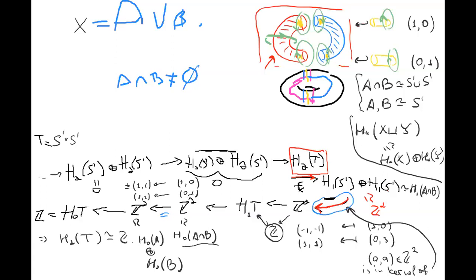Yeah. So therefore we have the following exact sequence.